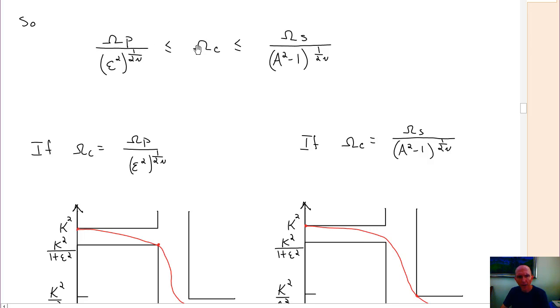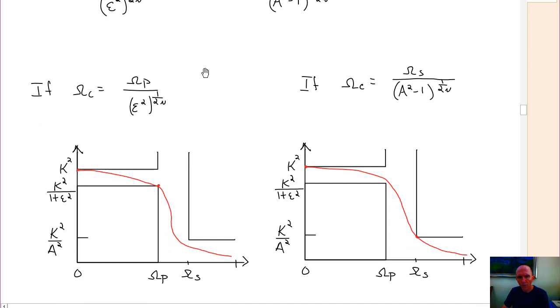Now, if we have omega c equal to the lower limit, when we make our filter, we'd get something like this. In this case, since we've chosen the k of the specifications to be the same as the k of the filter, it is always going to touch at this point.